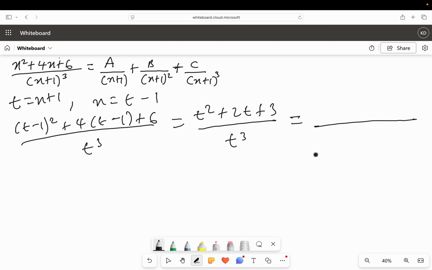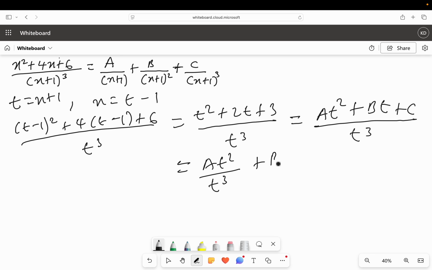So you see the highest power in my denominator is 3. So it means the highest power in my numerator will be 2. And writing it in the general form, I will have at squared plus bt plus c. So I can further decompose it, and I will have at squared over t cube plus bt over t cube and plus c over t cube.